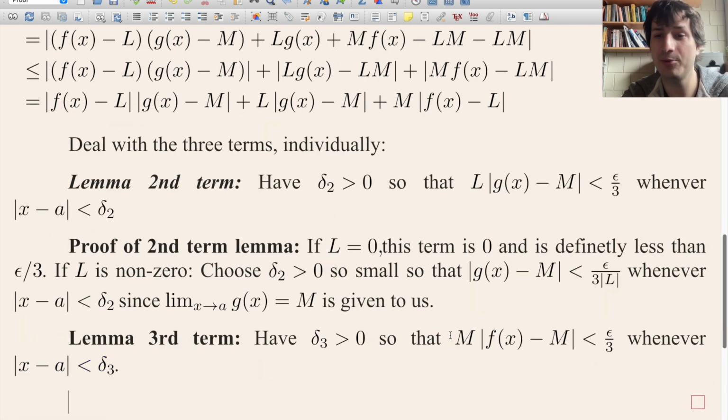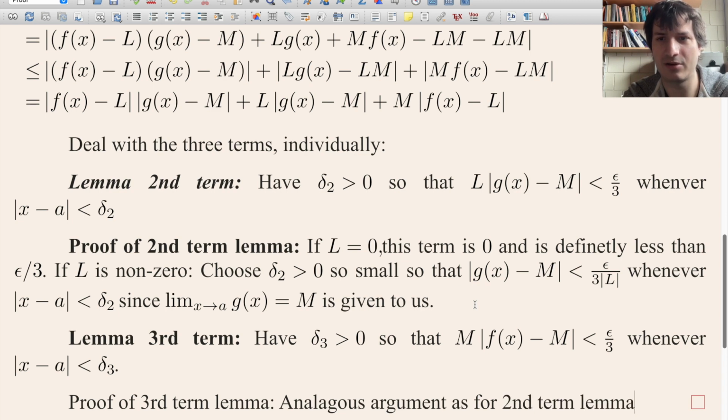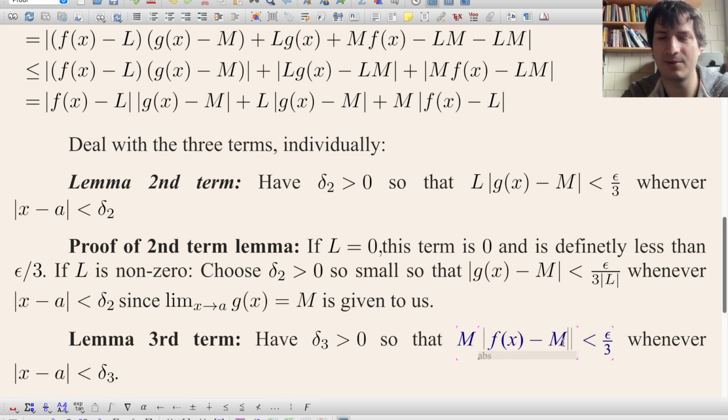Okay, and a nice thing about doing lemmas is you can reuse the proof. I could copy and paste it and modify, but an even more readable way is to say an analogous argument as for the second term lemma. And we've got to fix the typos. This is f of x minus L.